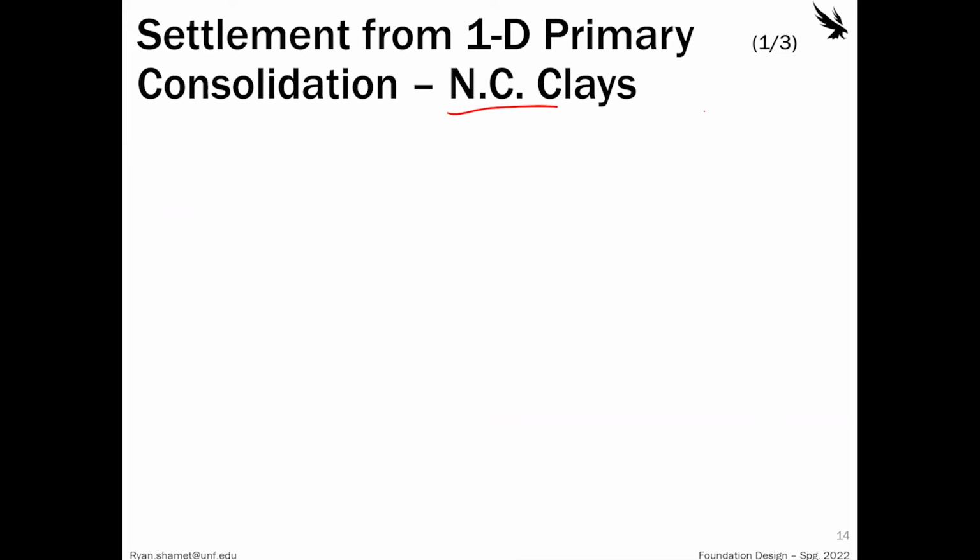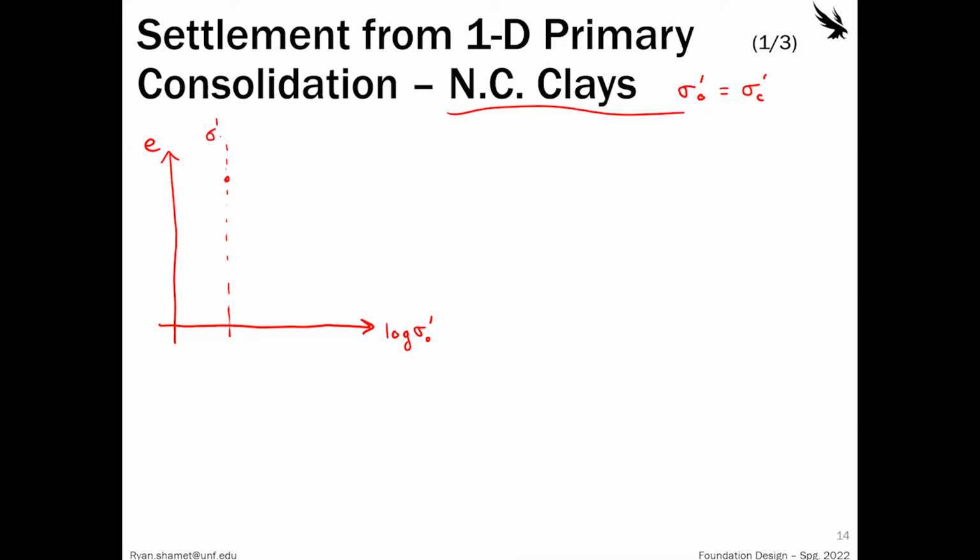Specifically for NC clays, normally consolidated clays, that is when our current effective stress is equal to the past maximum. What we know about normally consolidated clays is that, looking at the e log sigma prime plot here, the current stress is at the maximum past pressure.